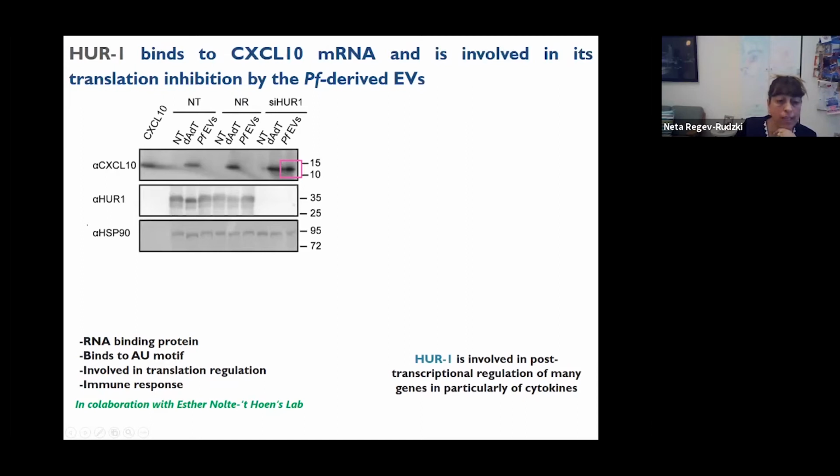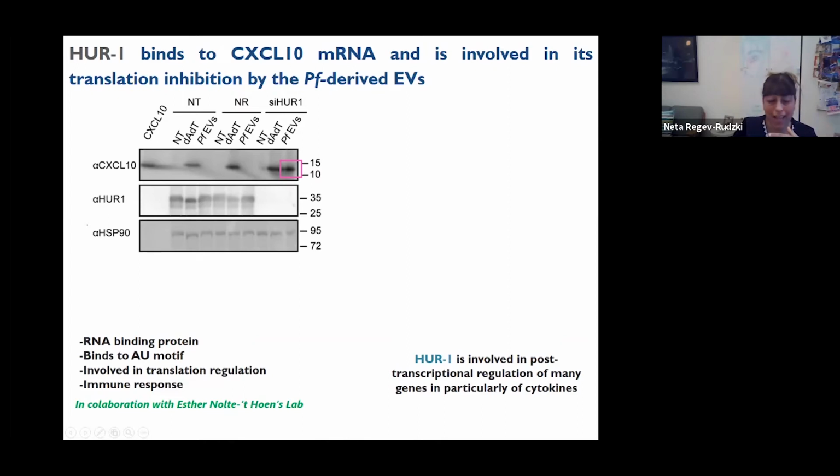And as you can see here, under silencing of HUR, all of a sudden we got expression of IP10. So no more translation inhibition. We were very excited with this result and decided to take it one step further and examine if HUR directly binds to the RNA of IP10.